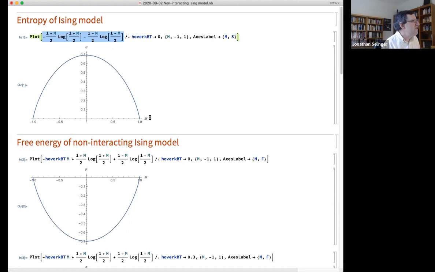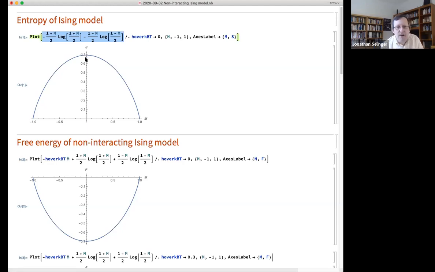You can see that this looks like approximately an upside down parabola. It's not exactly a parabola, but it's pretty close. And so you can see here that the biggest entropy is if m equals 0.